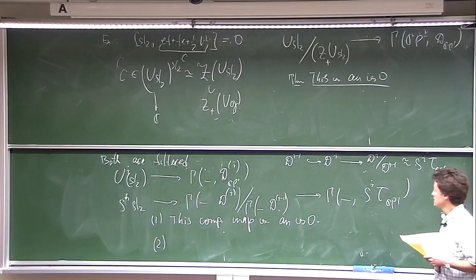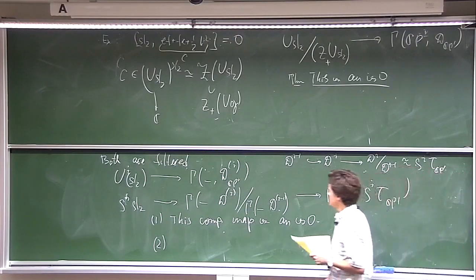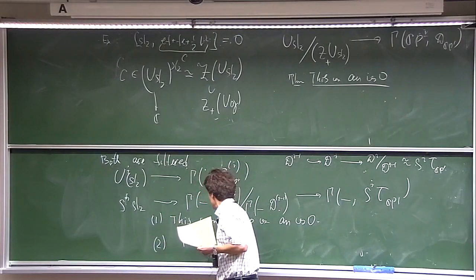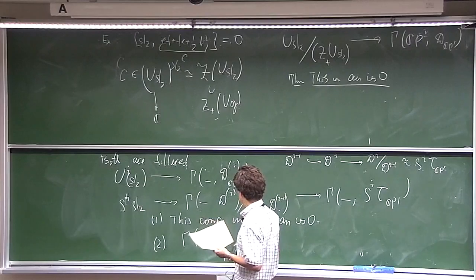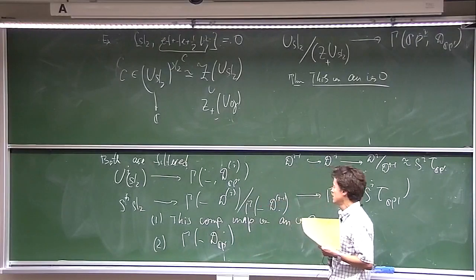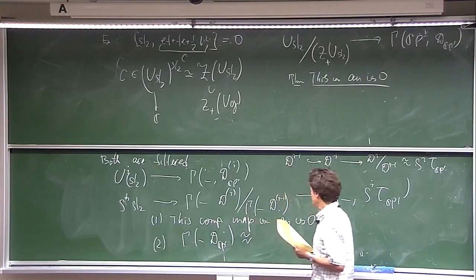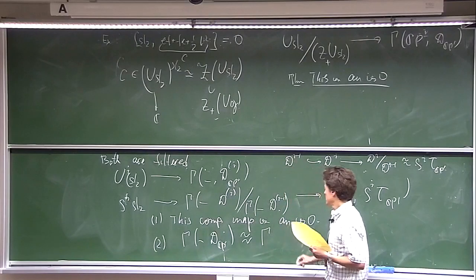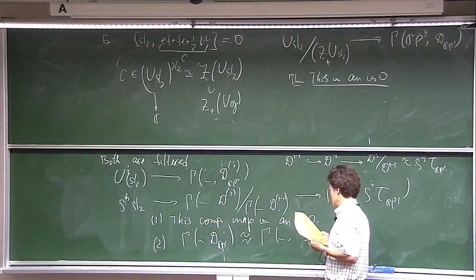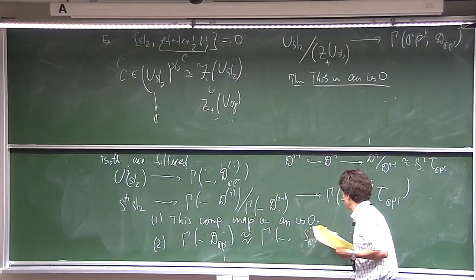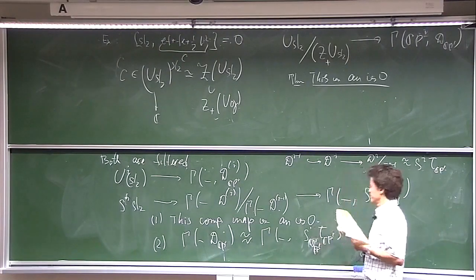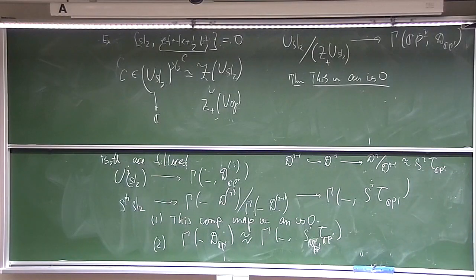And second, there is a natural isomorphism, as vector spaces, of the global sections of globally defined differential operators and the space of global sections of the symmetric algebra. Agreed?